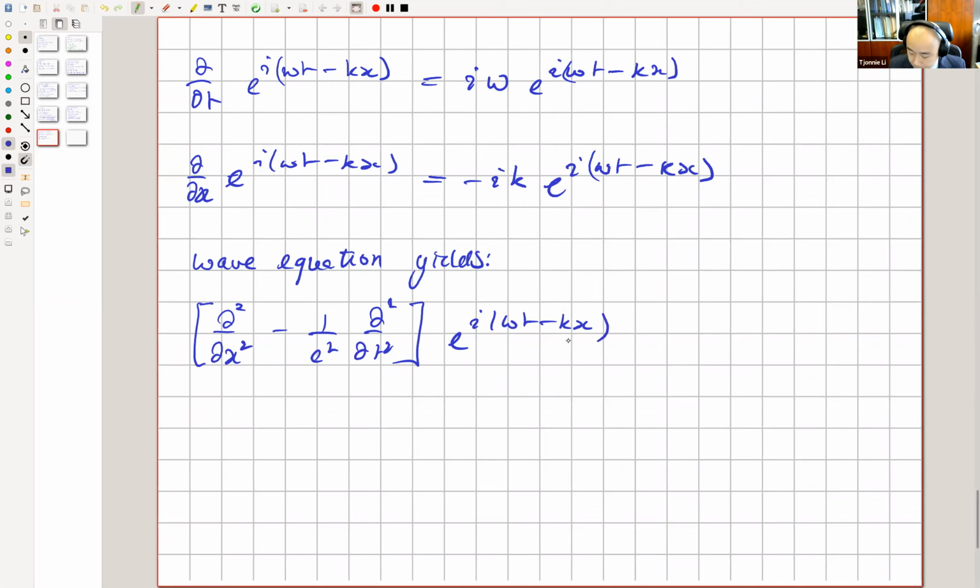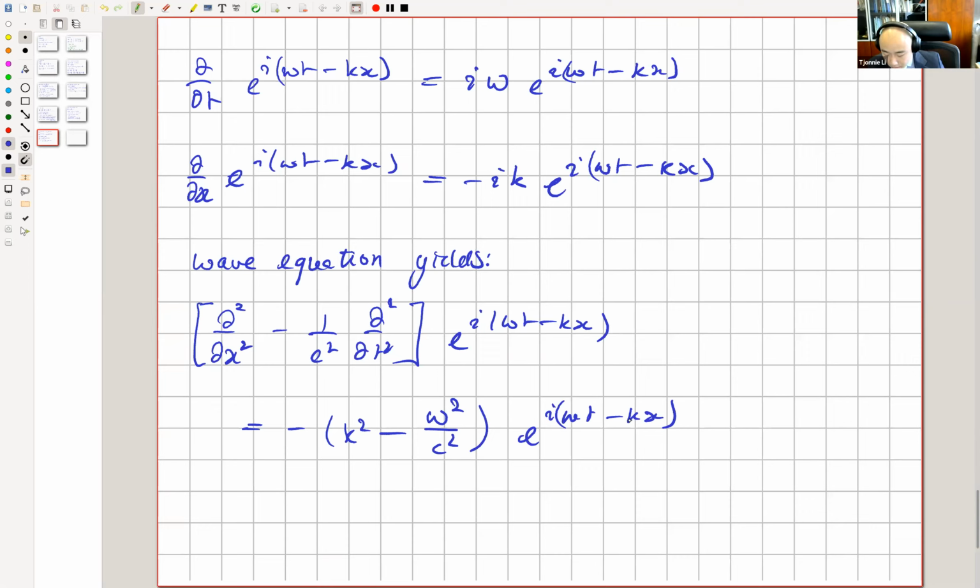This is given, which is equal to, let's see, making sure my negative sign is right, negative k squared plus omega squared over c squared, times e to the i (omega t minus kx). Okay.